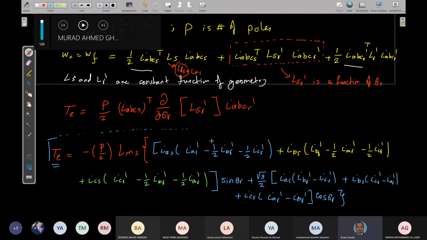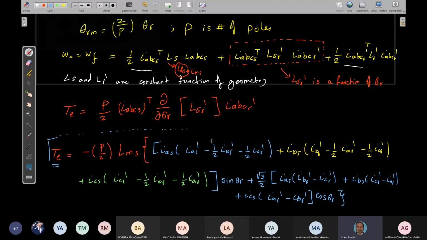So do you think it's easy to understand which component I need, or which current, or which terms I need to control or change or manipulate in order to achieve a certain torque? Let's assume the machine, due to the load, will provide a torque corresponding to the mechanical load connected to the machine.